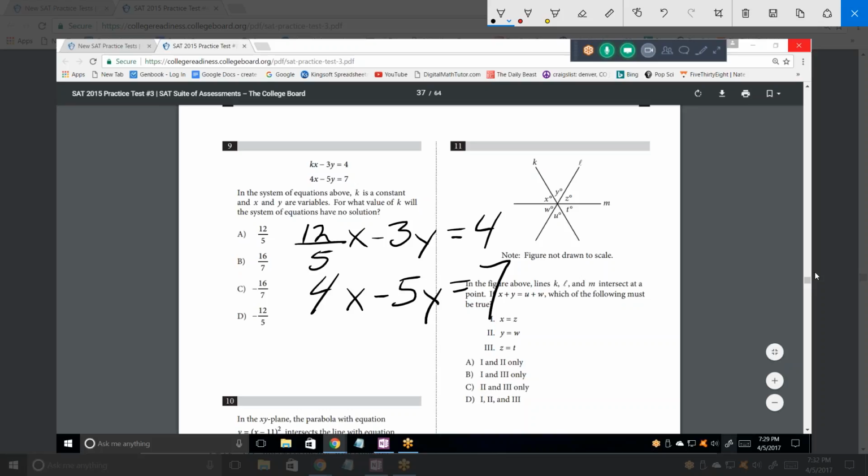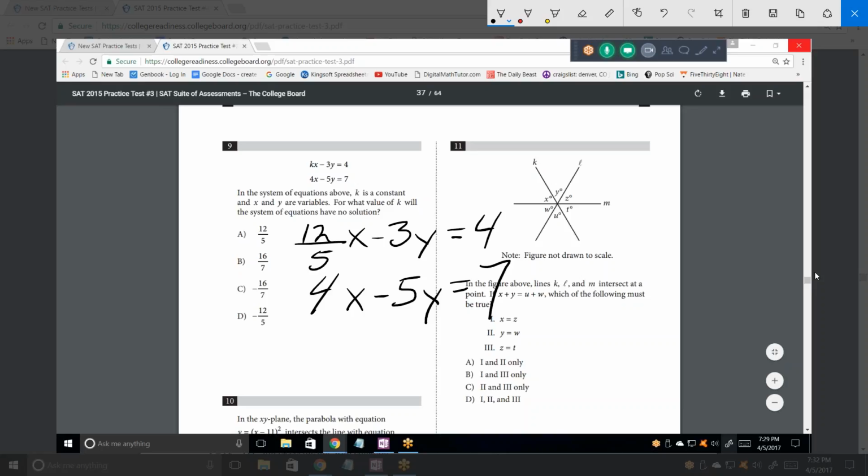If I try to solve this and I get one number equals a different number, then that's the right answer for k. If I come up with a legitimate solution, then that's not the right answer for k, and I'll go try the next one.